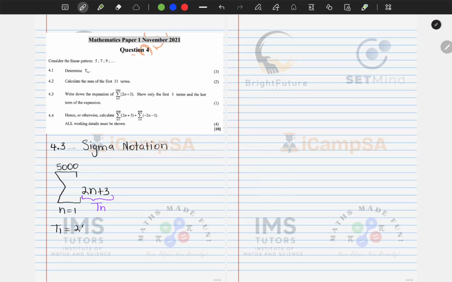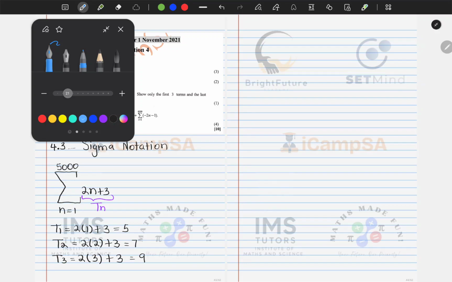T1 should be 2 into 1 plus 3, which will give us a 5. Then T2 will be 2 into 2 plus 3, which will give us a 7. And then T3 is 2 into 3 plus 3, which, if you look carefully, gives us 9.